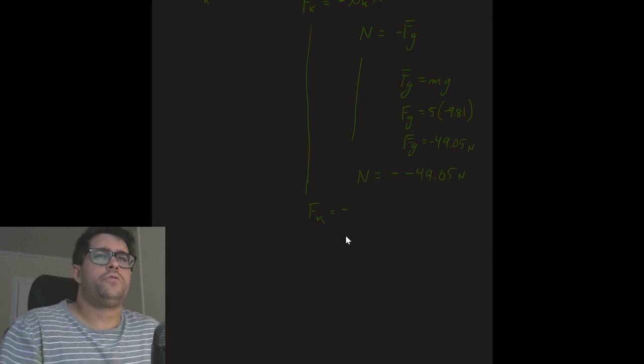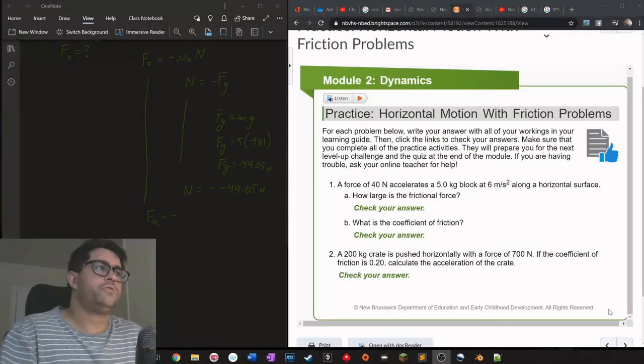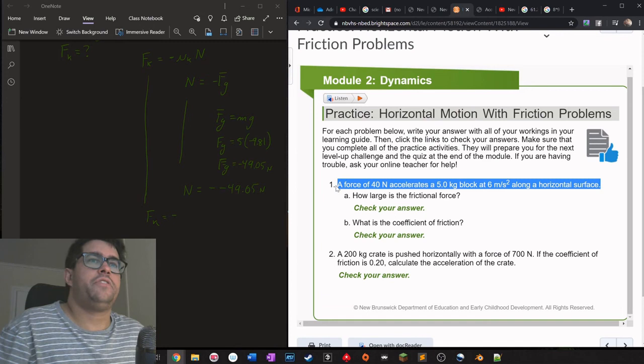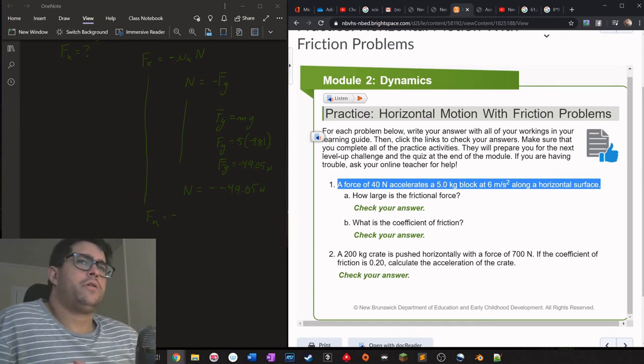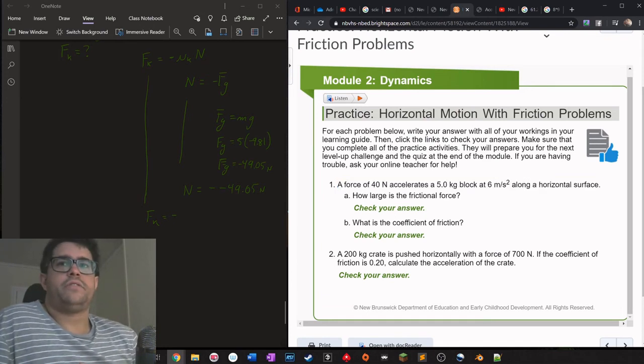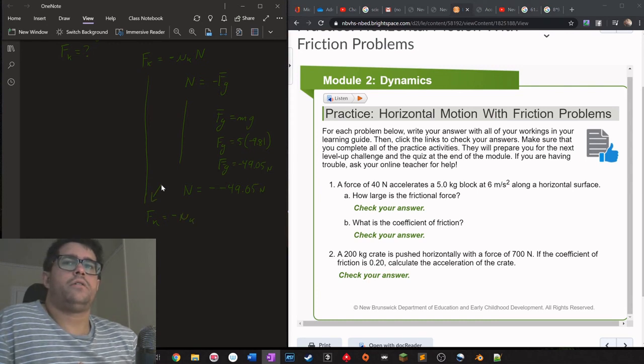What's the coefficient? Huh. We don't have the coefficient. In fact, sorry, let me show you the issue. We're given this, which I noted. Then the problem arises that they're asking me what the frictional force is, but we don't have mu k.